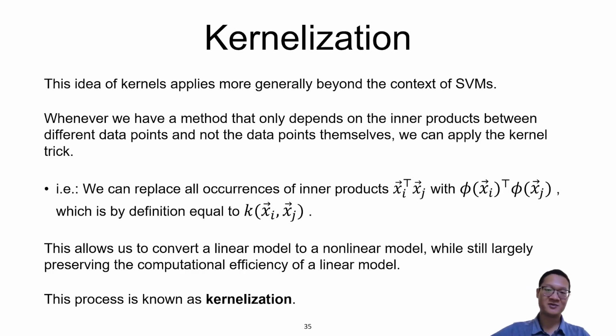Whenever this happens, we can replace xi transpose xj with phi of xi transpose phi of xj, and then replace that with k of xi, xj, which is more computationally efficient. This allows us to convert a linear model into a nonlinear model and still preserve the computational efficiency of the linear model. This general process is called kernelization.